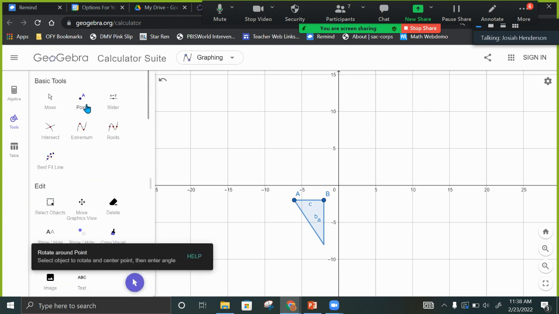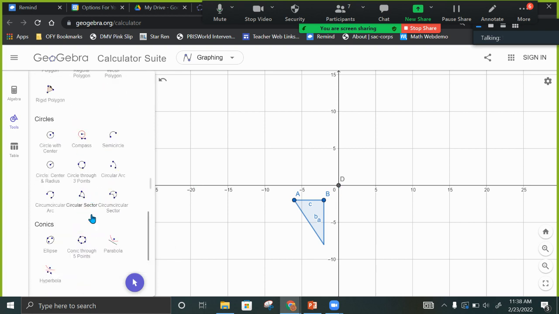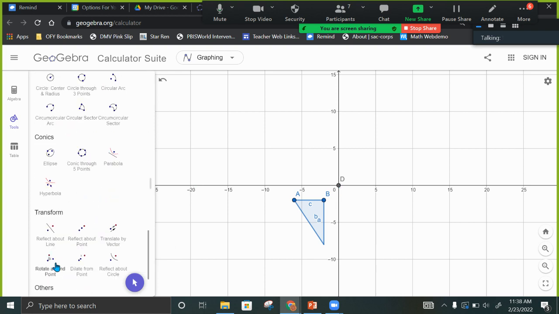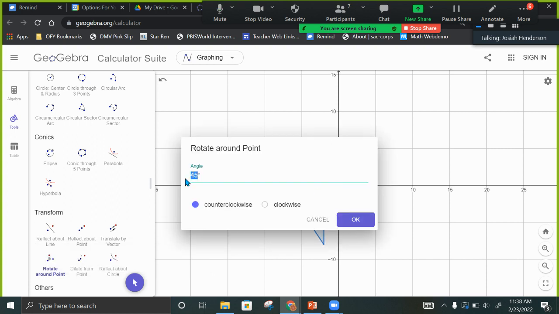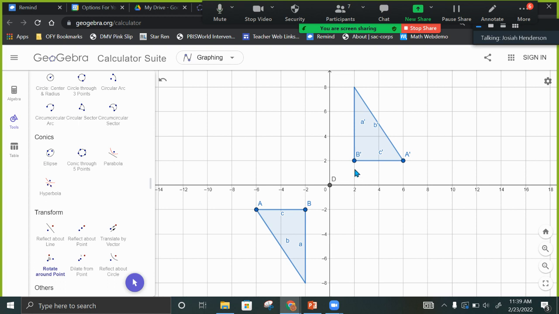And I still got to make my point. There we go. Okay. Rotate this guy around that point. And now we want to do a 180. So here's my rotation. Now it's up in the first quadrant where everything's positive. Why is this happening? Isn't it all supposed to turn negative?